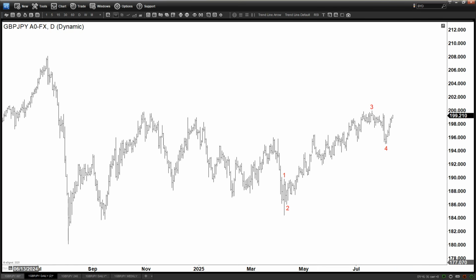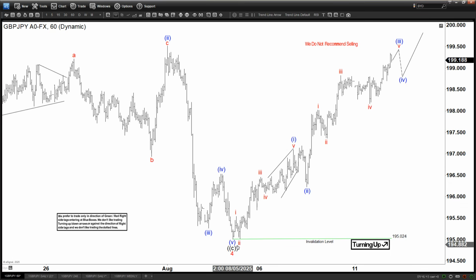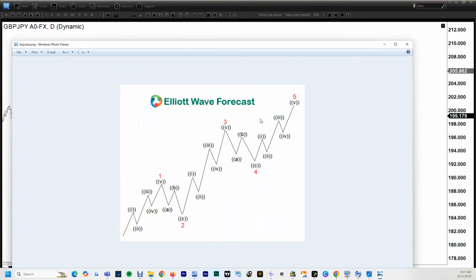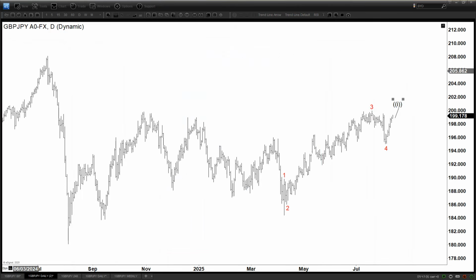A couple of different possibilities here. One possibility is that instead of ending with wave 1 of 5, I can upgrade the degree here. This blue 1, blue 2 can be black 1, black 2, black 3, black 4, and if that's the case, then instead of ending only wave 1 of 5, we can be ending the entire wave 5, right?